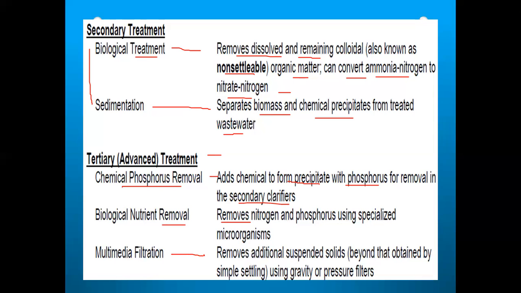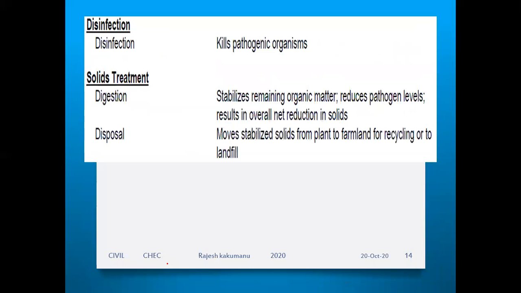Next, multimedia filtration. It removes additional suspended solids, SS, using gravity or pressure filters. That happens in this multimedia filtration process. Next one is disinfection.